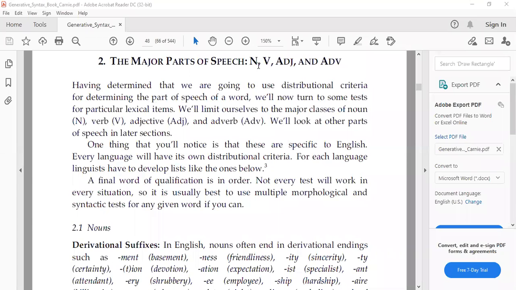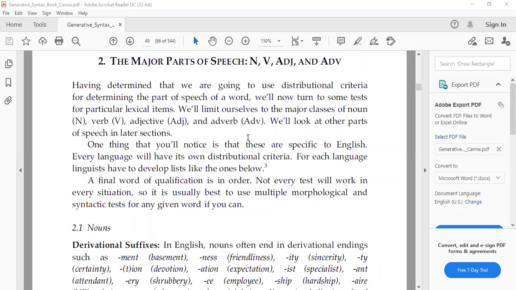Of course, the meaning is related to semantics. If you don't know the meaning, you will not be able to understand the meaning of the sentence. But syntactically speaking, if you know that this word is a noun, this word cannot be used as a verb.